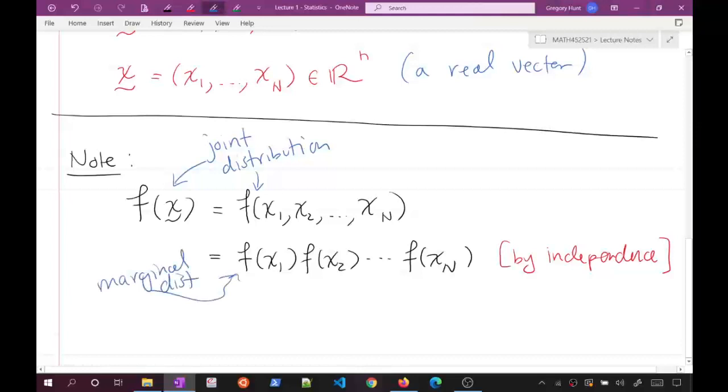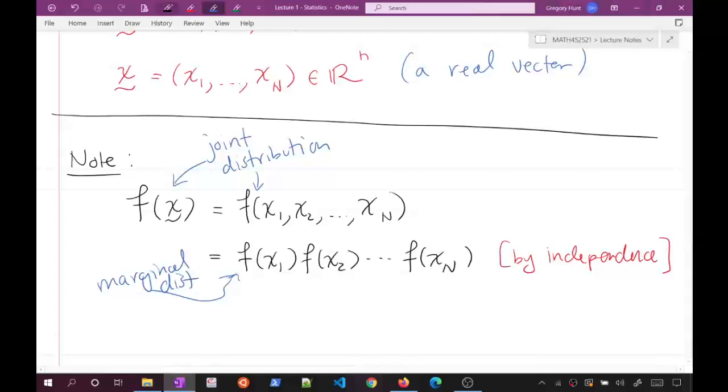We said all of the x sub i's have some marginal distribution, little f, so that's that marginal distribution. I'm going to use the same f for the joint because, frankly, the relationship is pretty easy. The joint distribution is just the product of the marginals evaluated at each of the x sub i's. And this is by independence, and this is basically more or less a definition of independence, or functionally what people use as the definition of independence, which is that you can factor the joint into the product of the marginals.